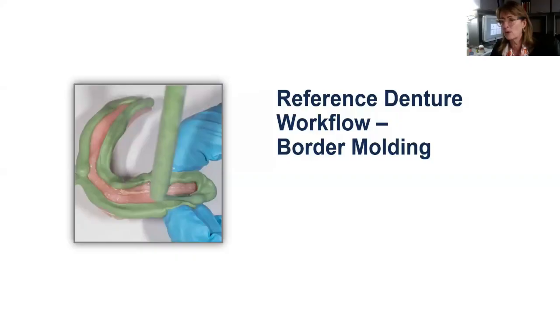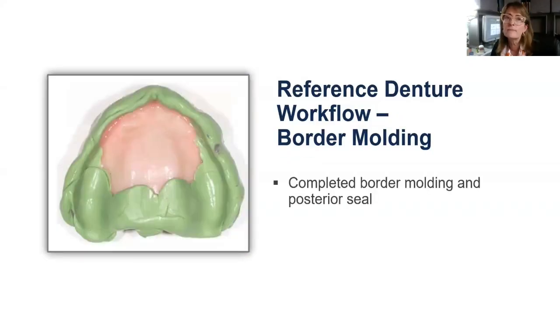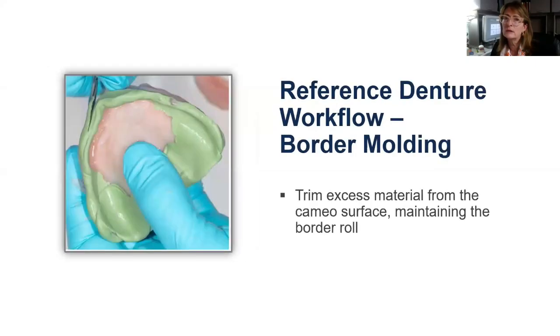So this is an example of the border molding, as well as the mandibular arch, as well as the maxillary arch. Notice how they're taking a blade here to remove the excess. I do not have that on mine. I wish I did.